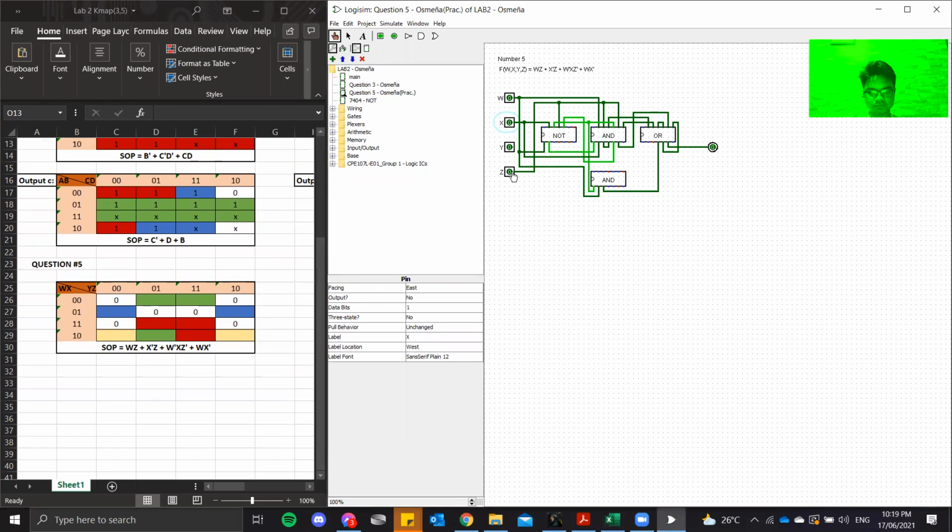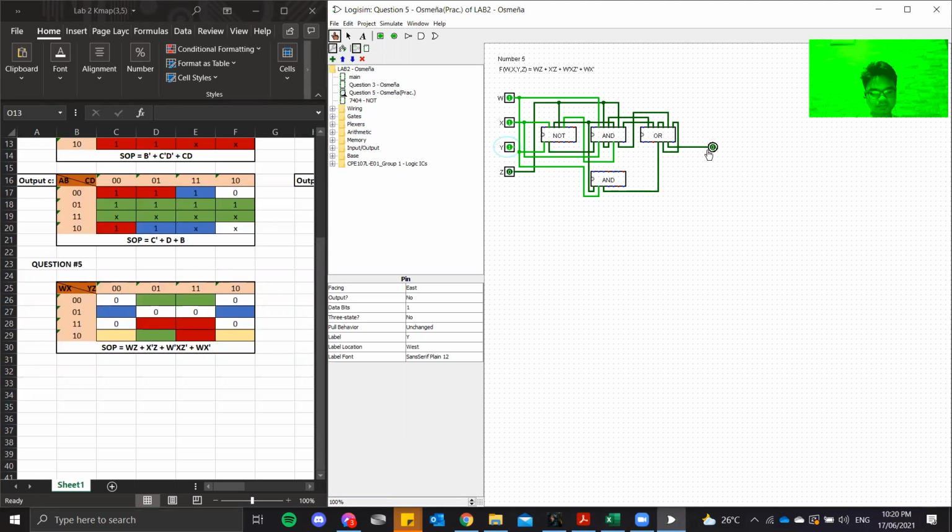So for 0011, 0010, and for 0100, as you can see here, let's demonstrate. 0100 is 0. 0101 is also a 0. 0110, 0010, so it's a 0. 0111 is also 0. 1100 is also 0, and 1110 is also 0.